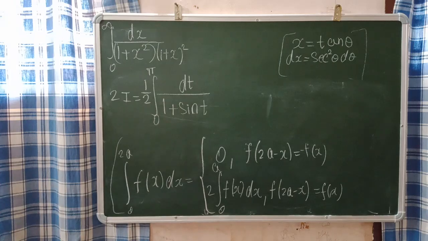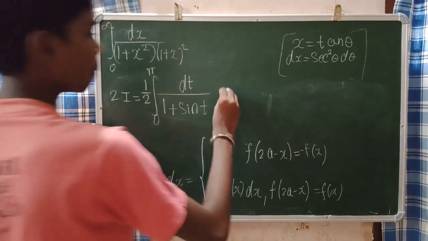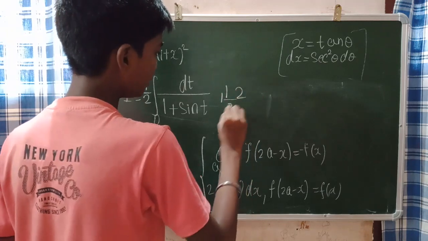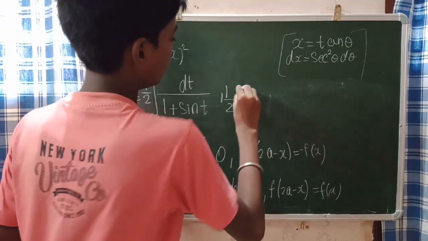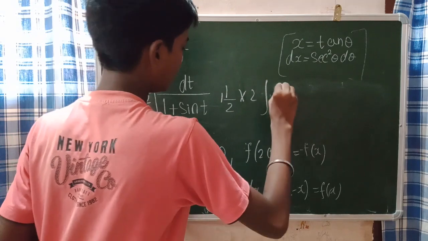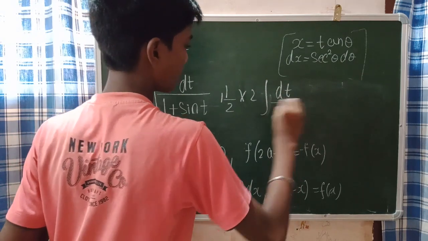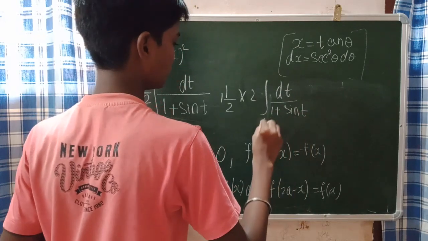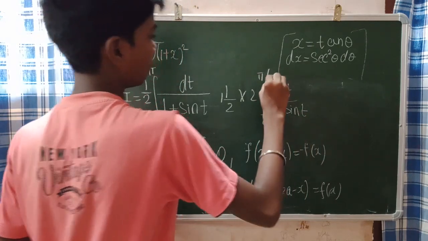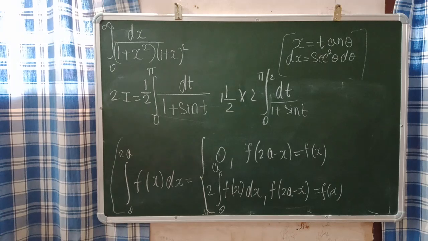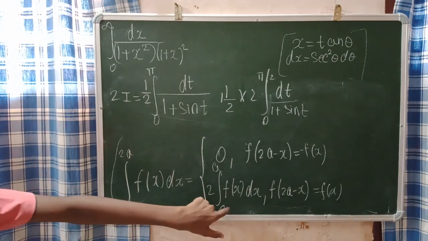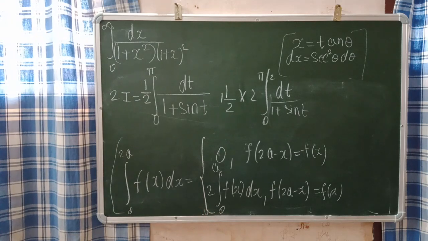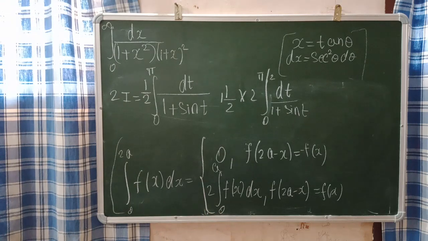So that I can take 2 common, I will write it as 1 by 2 into 2 into integral of dt divided by 1 plus sin t from 0 to pi by 2. So this property holds true now. Guys, you should know, this is all basic. That's why I'm saying like this. This is also a very important part.